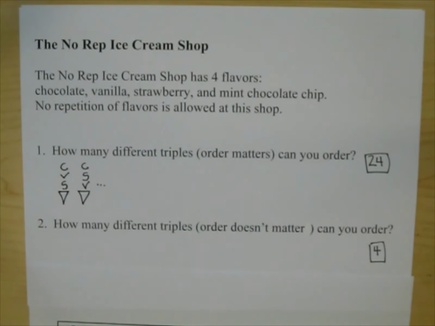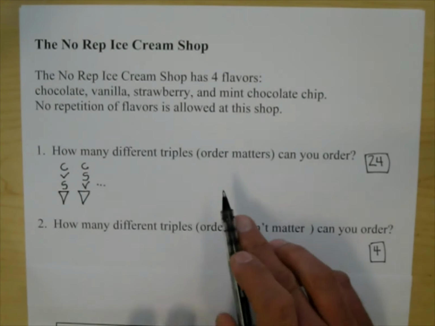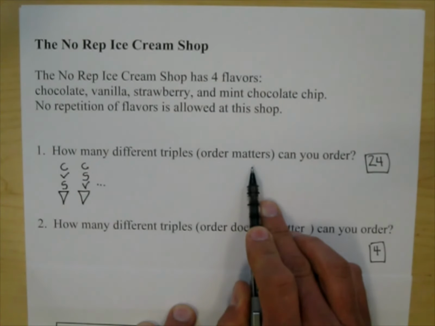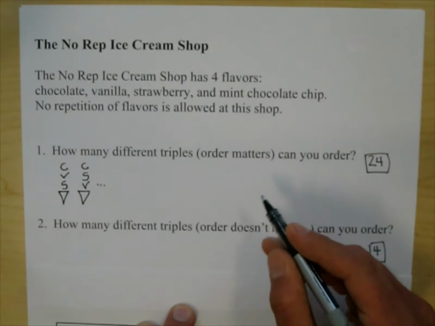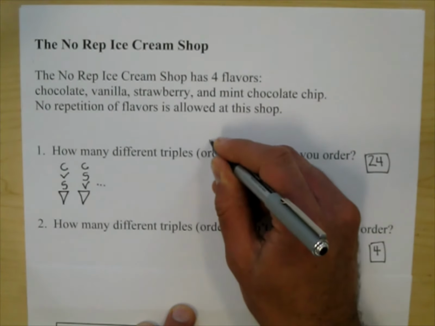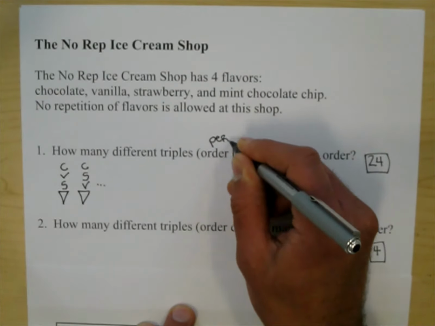Okay, so let's get a little bit more into this. Where order matters, that is called a permutation.